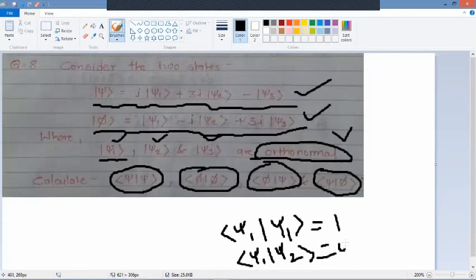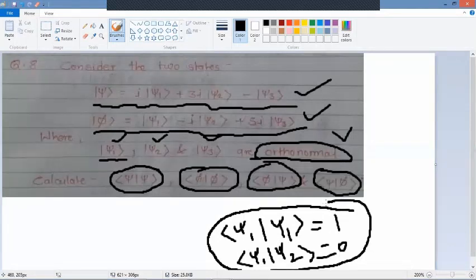So this is the orthonormality condition. You must remember it. Different i and j values give 0, and the same i and j values give 1. You have to remember these things while solving this question.